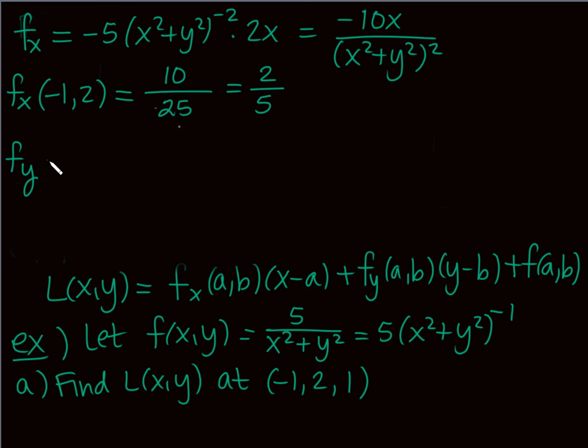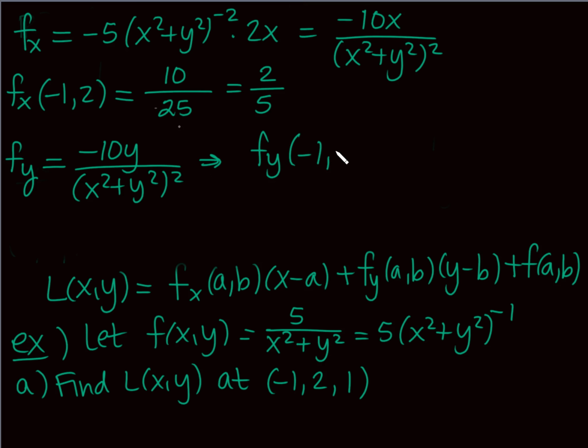Likewise, f sub y, I'll let you verify this. It's basically the same thing. It's just going to be -10y all over x squared plus y squared, squared. So this implies then that f sub y of (-1, 2) is just going to equal -20, the bottom's going to be the same, over 25.